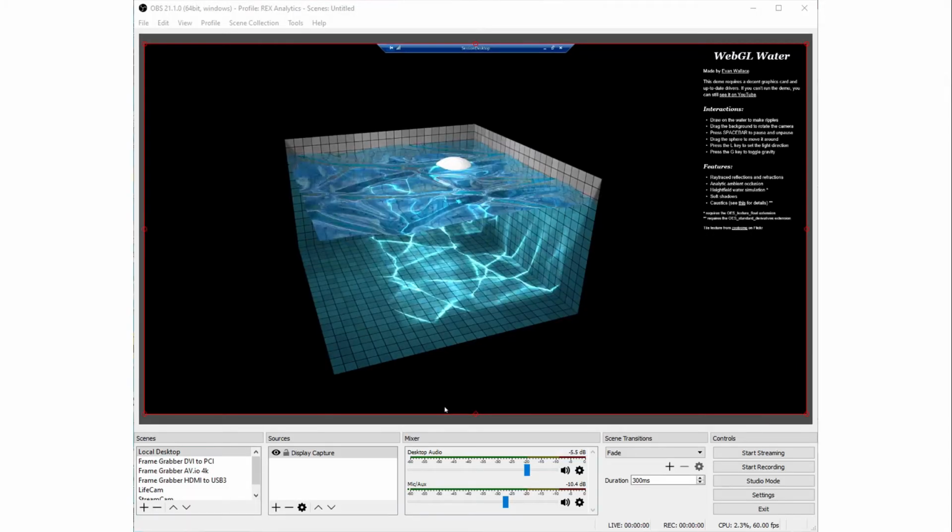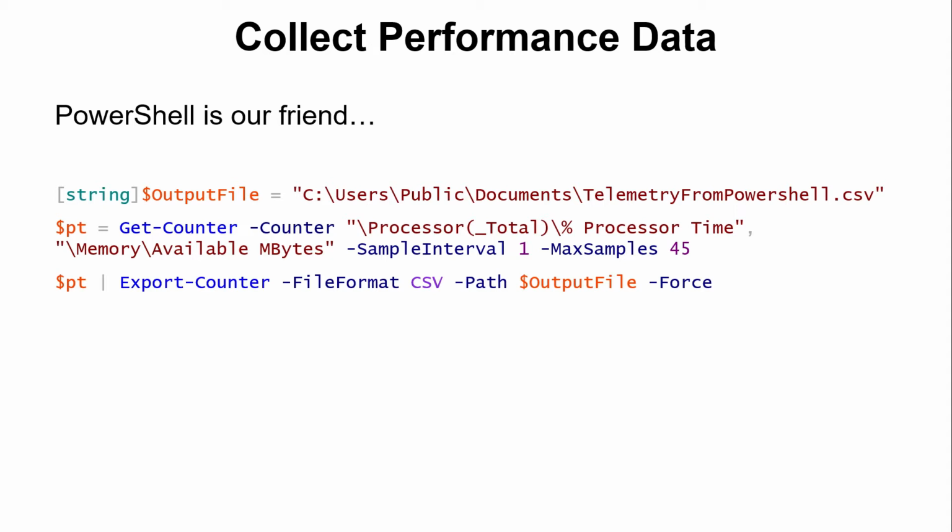Here's a screenshot of OBS Studio showing one of the synthetic workloads in a WVD session. Most of my screen recordings are MP4 videos in Full HD and 60 frames per second. Collecting performance data can be done with sophisticated tools, but the simplest way is using PowerShell scripts. This three-liner defines the CSV output file in line 1.